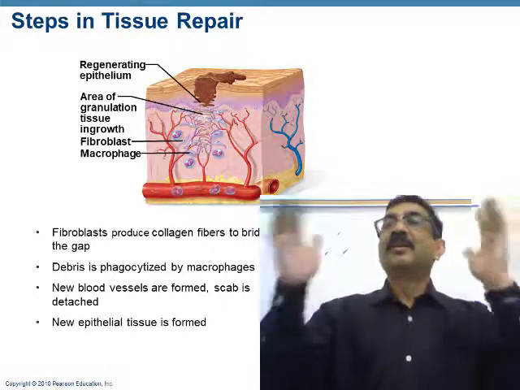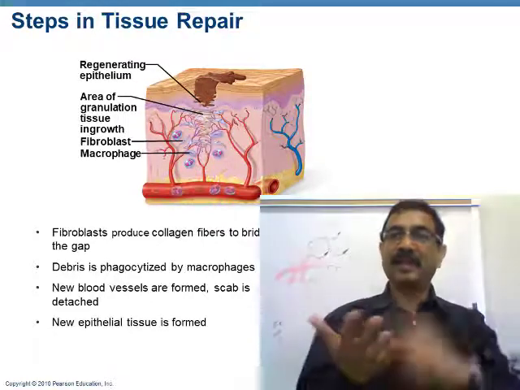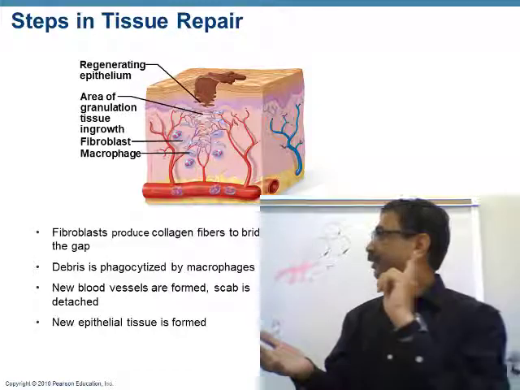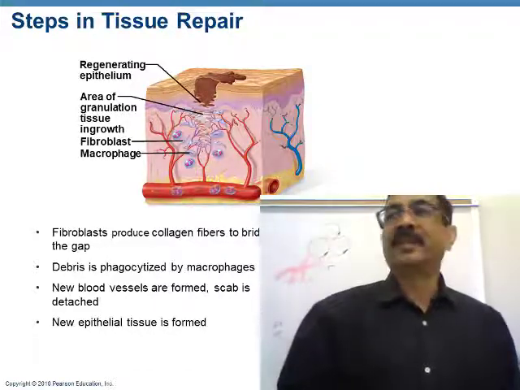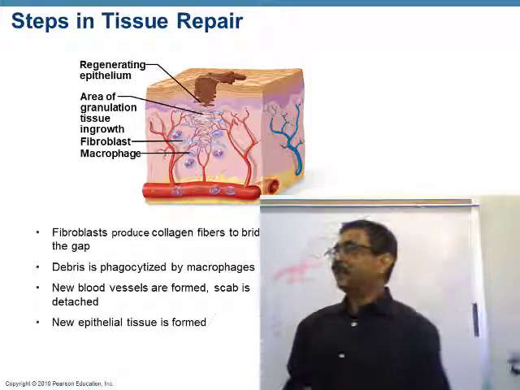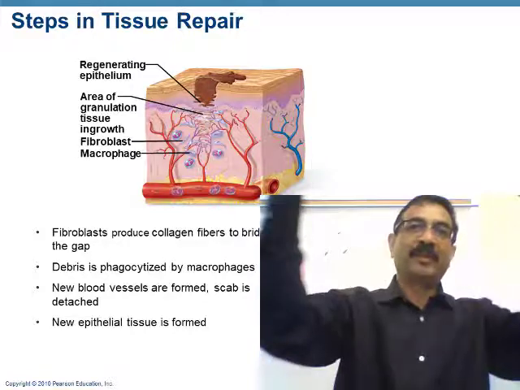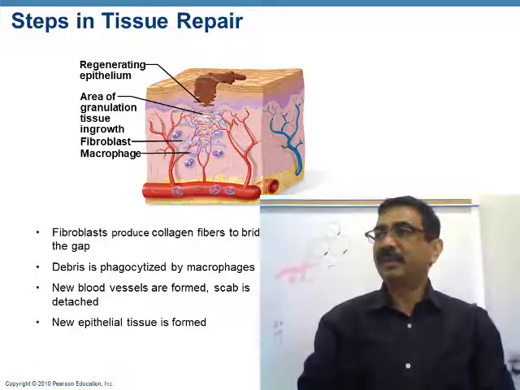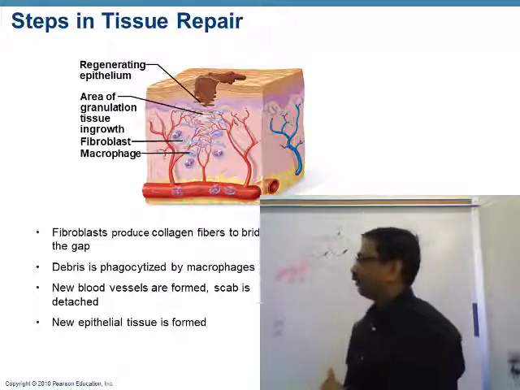Fibroblasts. Cleaning is done by which type of cells? Macrophages. So filling, cleaning. Then branching. Next is branching. From adjacent blood vessels, new branches are formed and those blood vessels enter into that area. So branching from adjacent blood vessels.